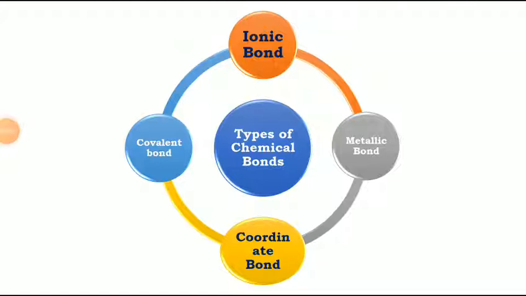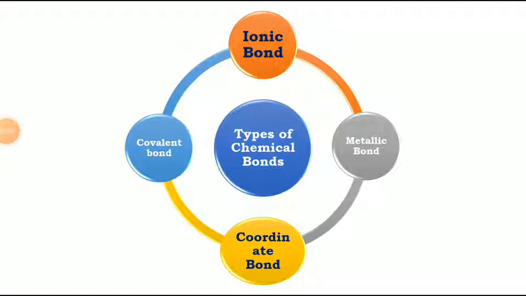And what is ionic bond? The electrostatic forces of attraction between the oppositely charged ions are called ionic bond or electrovalent bond. This part we have seen in the previous lecture. Now, in this video lecture, we are going to see covalent bond, coordinate bond, and lastly metallic bond.